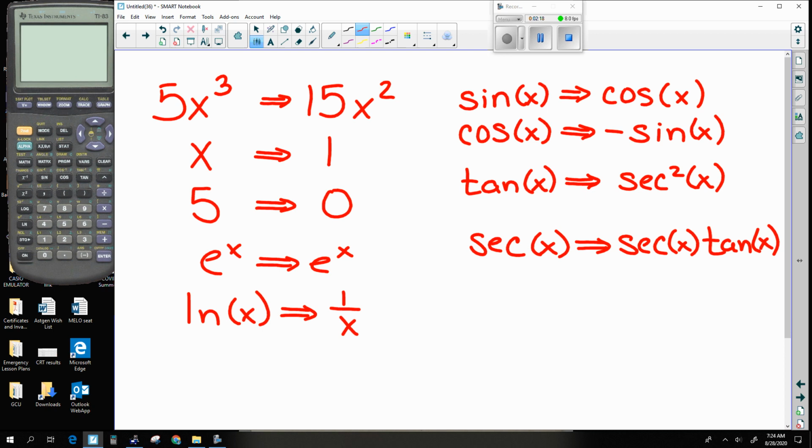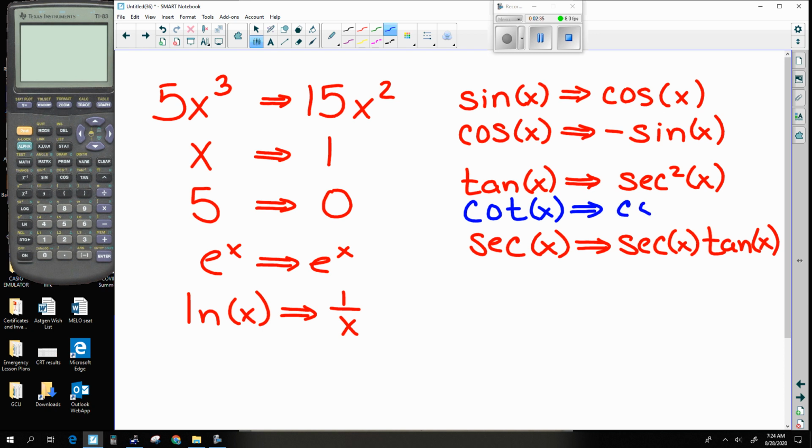Secant is secant tangent. I feel like I'm missing some important ones, but we'll see. And then there's all the co functions. Tangent and cotangent are very closely related, but secant would be a cosecant.